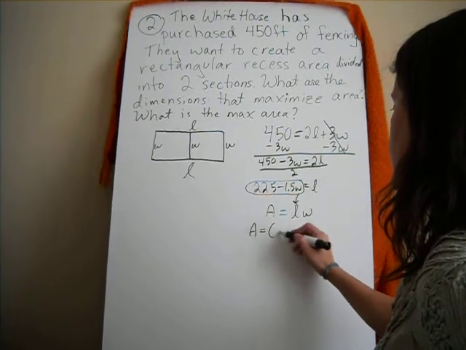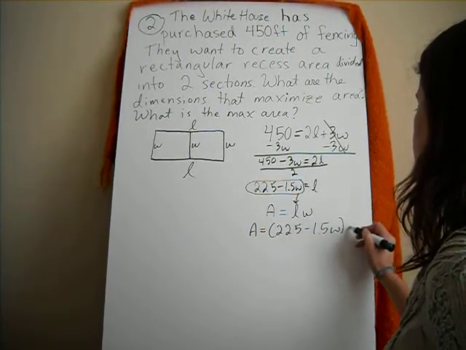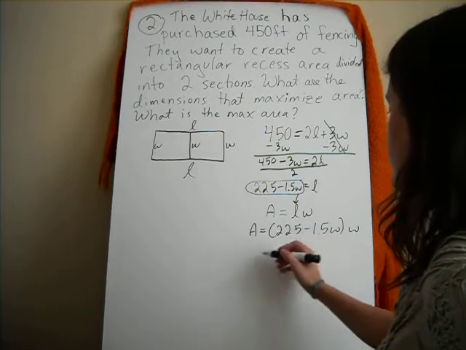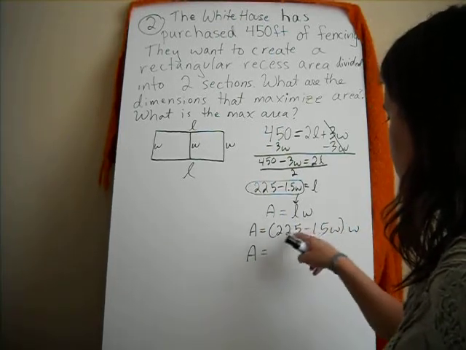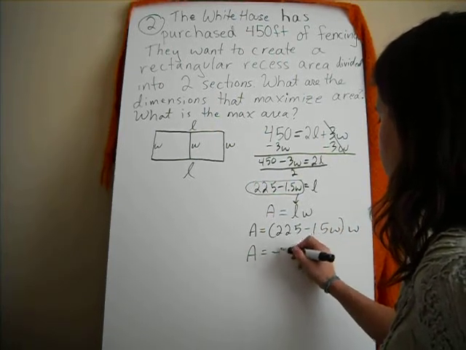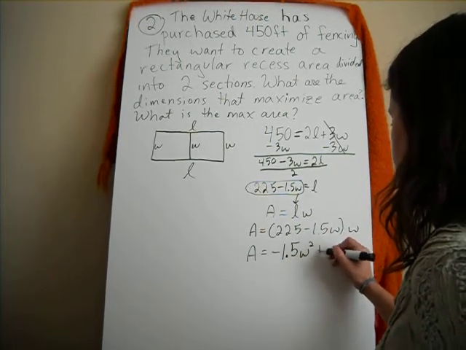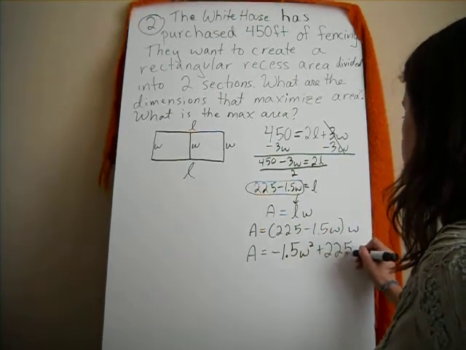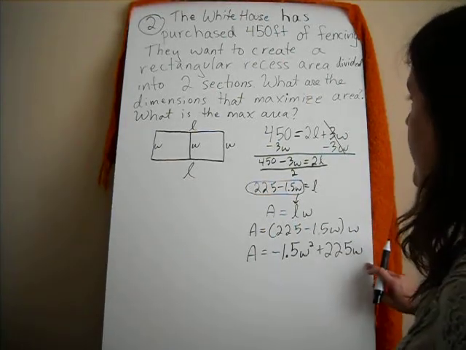So the area is equal to 225 minus 1.5W times W. Distribute this, and as I'm distributing it, I'm going to swap my terms around, because I want to have my quadratic term first. You don't have to, that's just a personal preference. Alright, so this is my area equation.